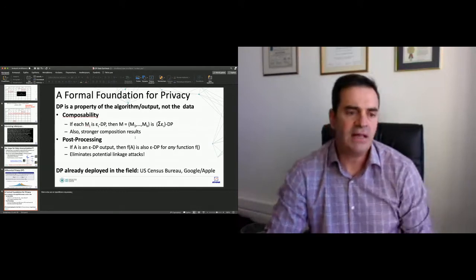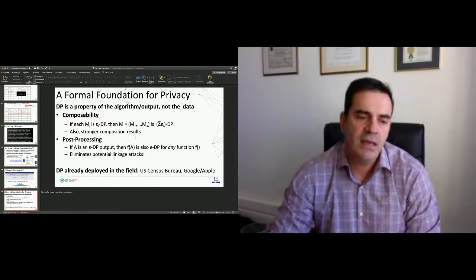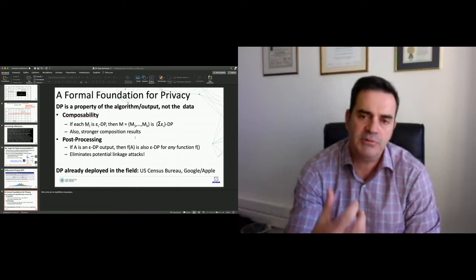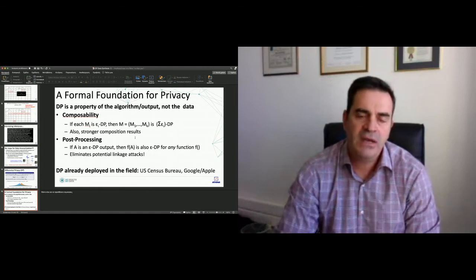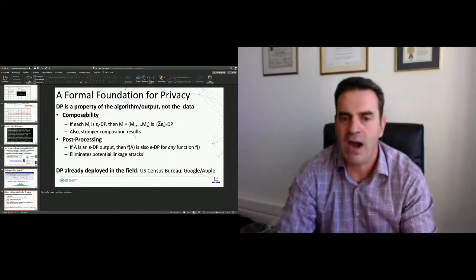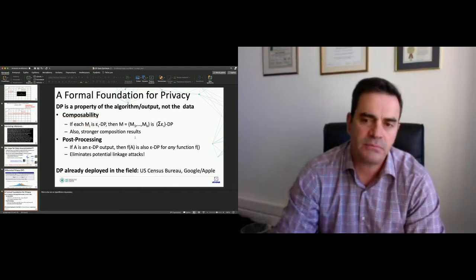Another very interesting result is the post-processing lemma, which essentially says that if I take an epsilon differentially private output, then no matter what I do with it, no matter what I link it with, no matter how hard I look at it, I cannot make it less differentially private. Okay?